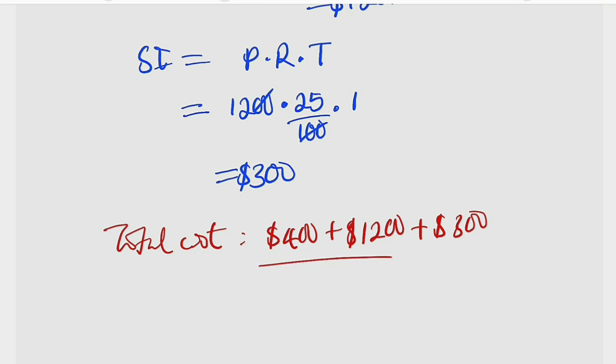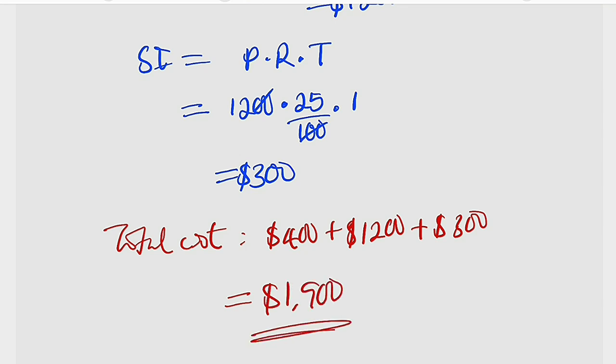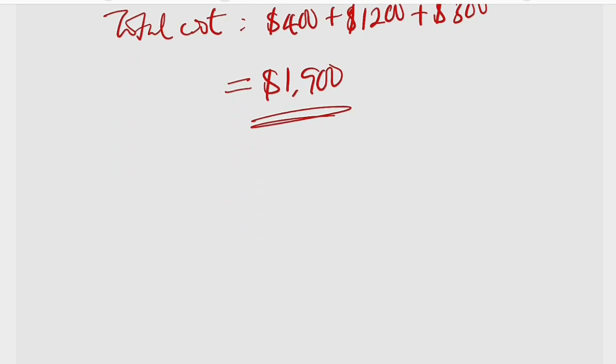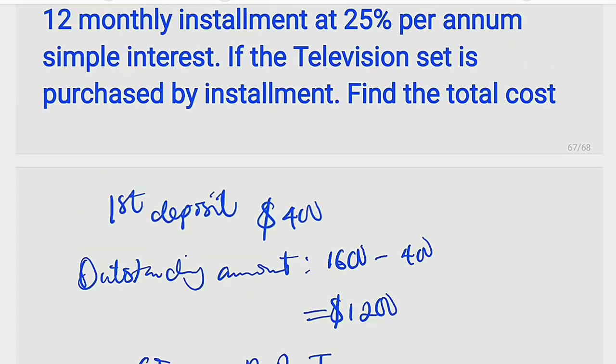This will give us 1,600 plus 300, which is $1,900 altogether. So the cost of the television set, if it is purchased on installment, is $1,900. Now let us move on to question number 11.